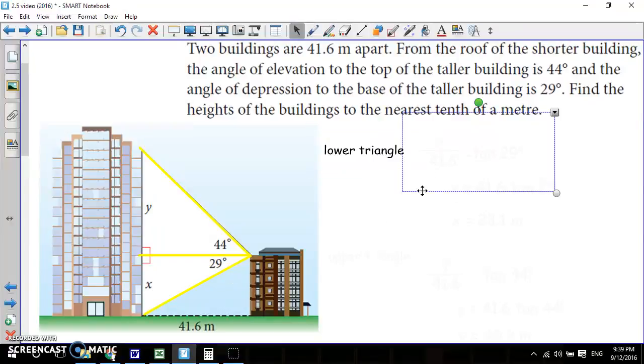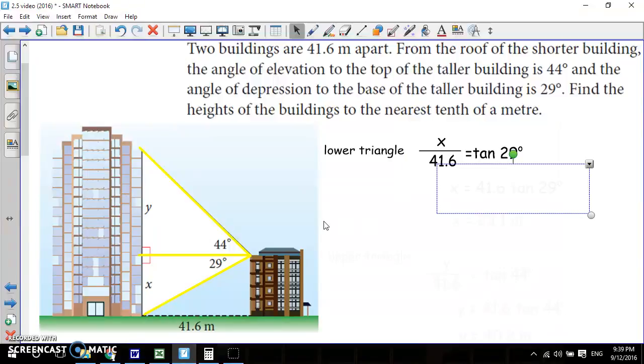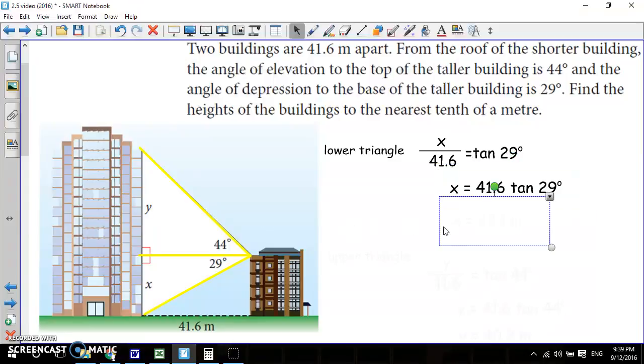Therefore, I have x over 41.6, opposite over adjacent, equals tangent of 29 degrees. Cross multiply the 41.6 to the other side. x is 41.6 times tangent 29 degrees. And so x is 23.1 meters according to my calculator. And this is the height of the shorter building.